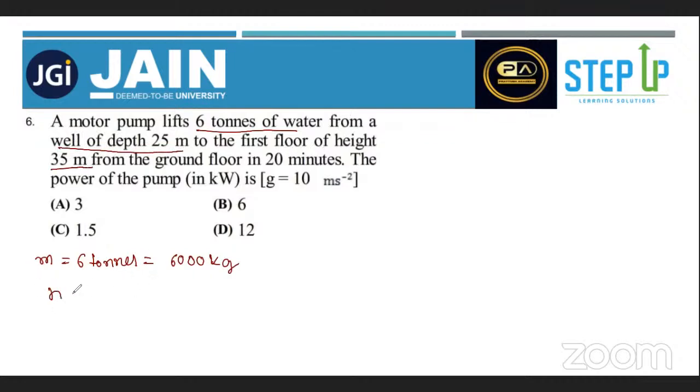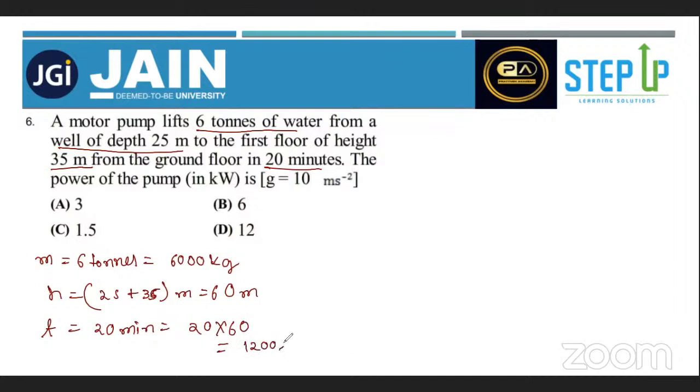So the total height is 25 plus 35 meters, which is equal to 60 meters. The time taken is t equal to 20 minutes. Minutes have to be converted into seconds, so 20 times 60, which is 1200 seconds.